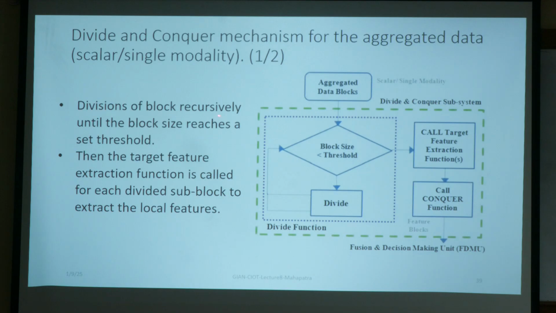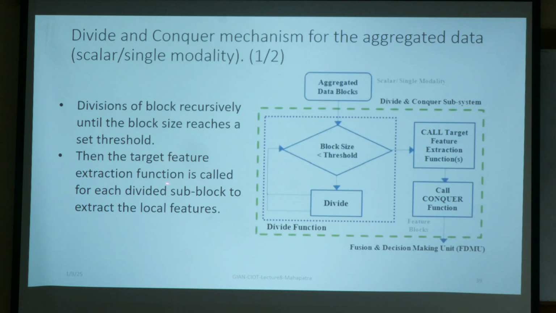So division of the block is recursive until the block size reaches a set threshold. So what is the threshold? You can define it for different applications. In this process, you can find the parameters that say whether your thresholding is to be loose or tightened.